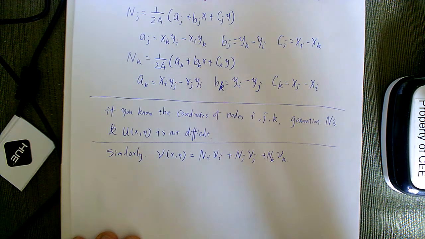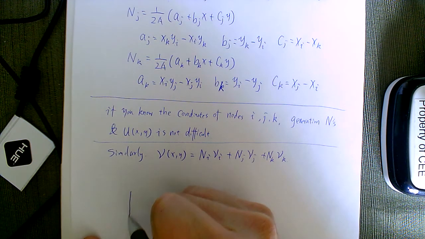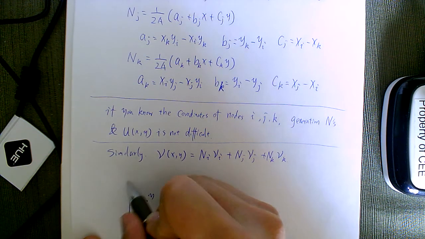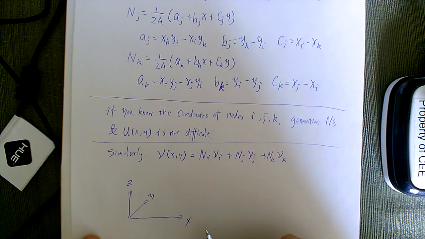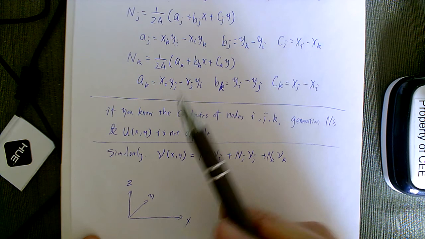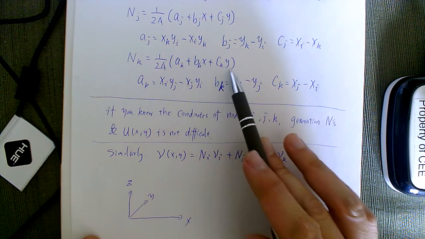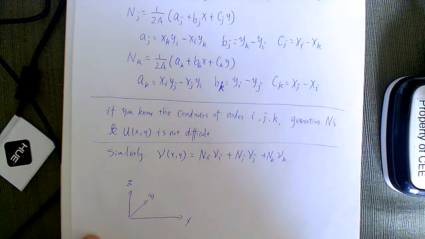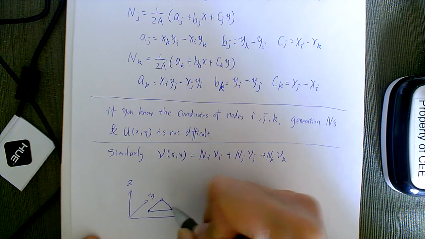I think I'm gonna stop right here, but before we go, I'll show you what the shape function actually looks like. We all know x, y, and z. In 3D space, if you have a function that is linear in x and y, what this represents is actually a plane. So although there's so much derivation, the physical concept is so simple.